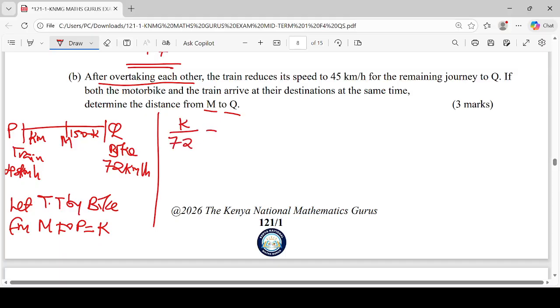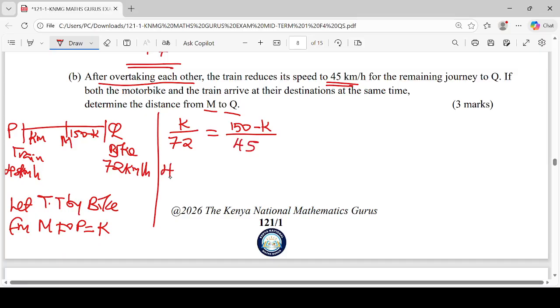This should be equivalent to the time taken by the train, which will be covering a distance of 150 minus K over the new speed of the train, which is now 45. Then you cross multiply.